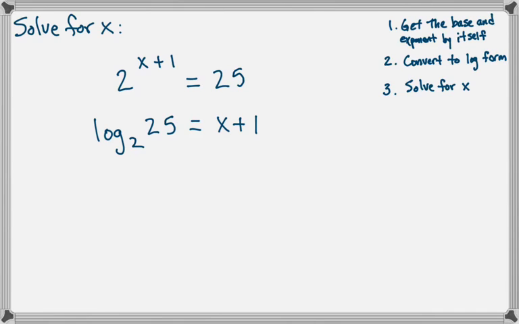If the base is anything other than 10, we would write this as log of whatever our number is, log of 25, and then divide this by the log of the base. If I don't write a little number on the log, it is base 10. Technically, there are little 10s right here, but we can leave those out if we're just talking about a regular logarithm.